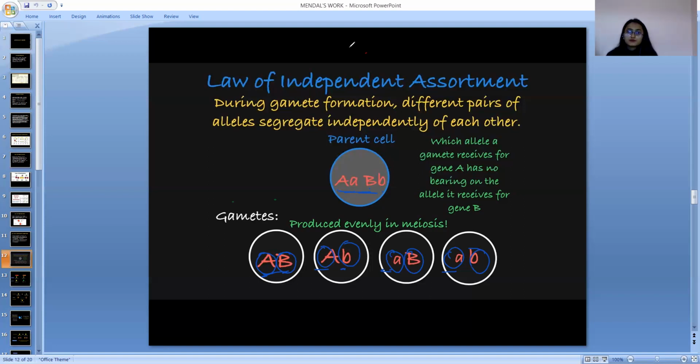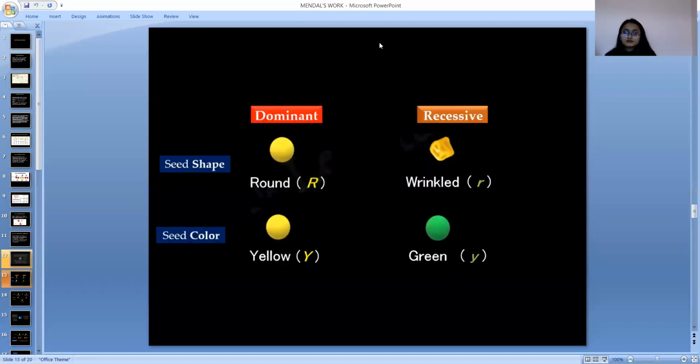Let's see. For example, this is a dominant round, this is a recessive wrinkled seed shape. This is a dominant color, yellow. This is a recessive color, green.